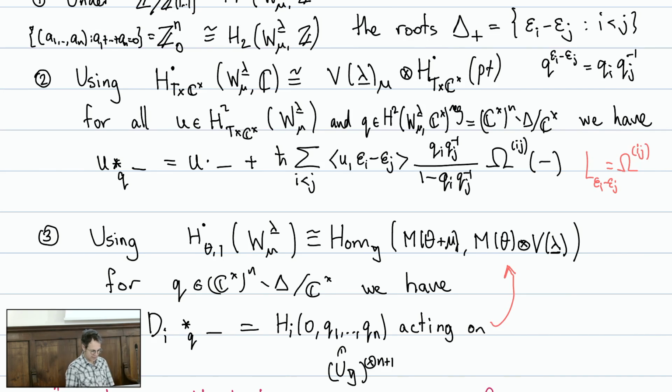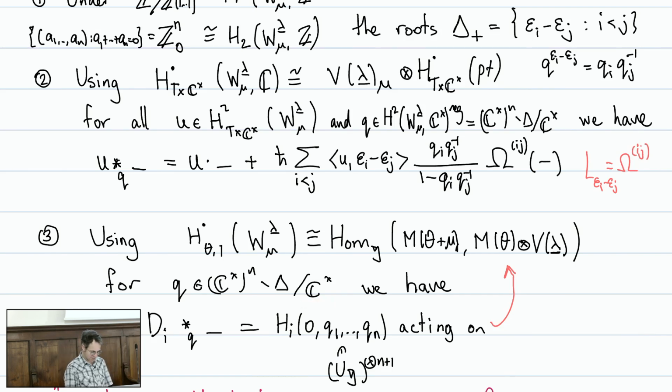So if I delete the locus where Q to the alpha is 1, that's the same as saying Qi is not equal to Qj. So this delta means the distinct endpoints in C star. So this quantum parameter Q is n distinct non-zero complex numbers, modulo simultaneous scaling.